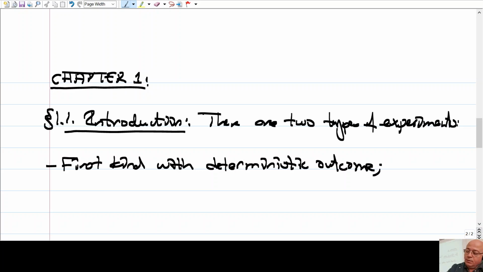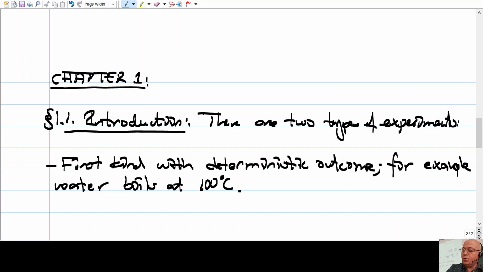For example, when you heat water, it boils at 100 Celsius under some conditions. You have to be at sea level and so on, but it boils at 100 centigrade degrees. So it doesn't change if you repeat this experiment several times. Each time you get the same result. Maybe there might be slight changes, but not much.